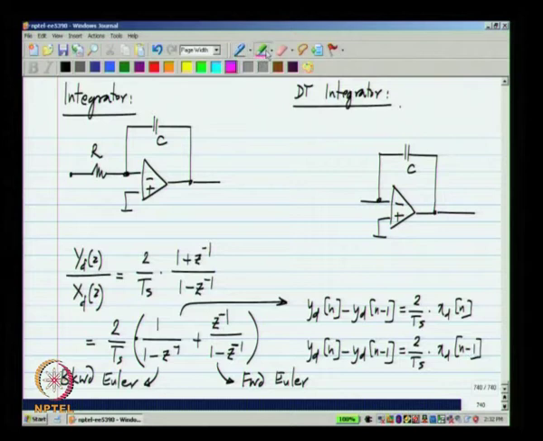Okay. So, what it means is the difference of the voltage on the capacitor between one cycle and the next should be related to the input sample like this.